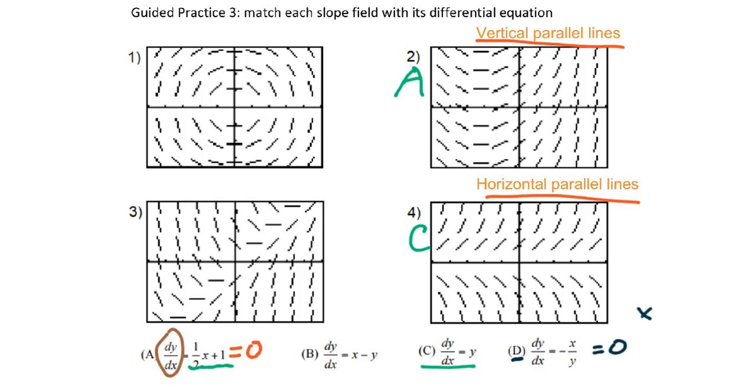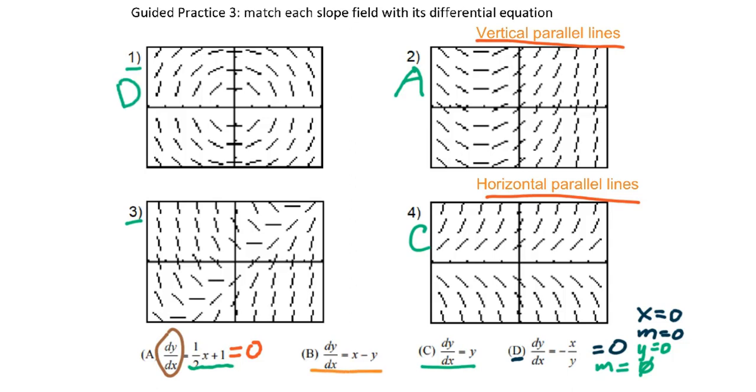Then when x equals 0, slope equals 0. When y equals 0, slope will be identified. Therefore, check on the y-axis, it will be a horizontal line. Compare 1 and 3. You could say D will be 1.